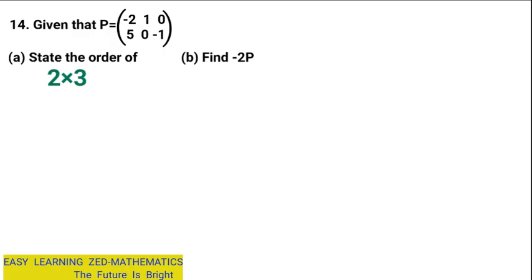Okay, let's come to question B. Question B is asking us to find -2p. So I'm going to write -2p here, which is equal to -2. Then what's the value of p? Matrix P is open bracket, that is matrix P. So what it means here, -2 is a scalar, so I'm going to multiply every element in this matrix by -2.